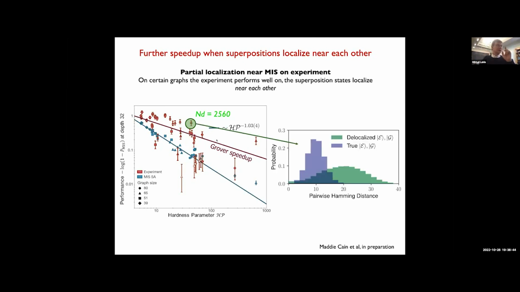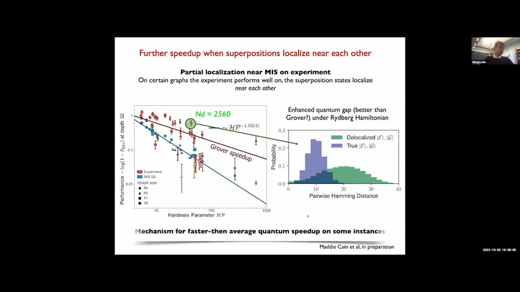In fact, it is localized, but it's localized in a favorable way. It's localized close to these edges which lead to the MIS. And this gives us maybe some clues that there are some instances where you can have some enhanced gap and maybe better than Grover speedup potentially with this kind of Rydberg Hamiltonian. And this is something which we are exploring now.